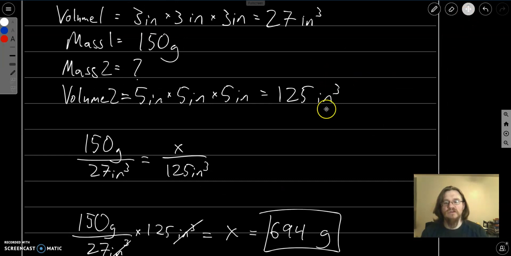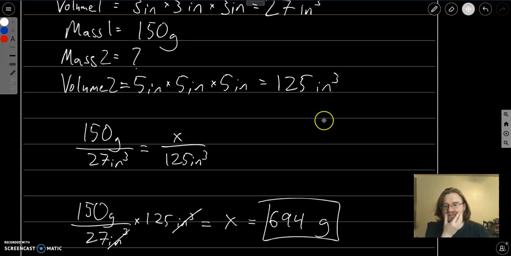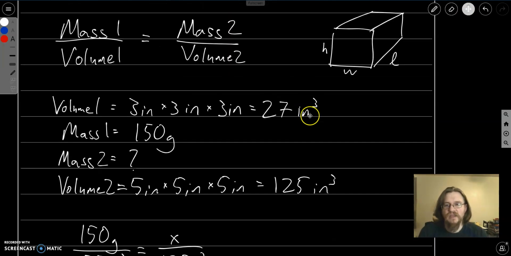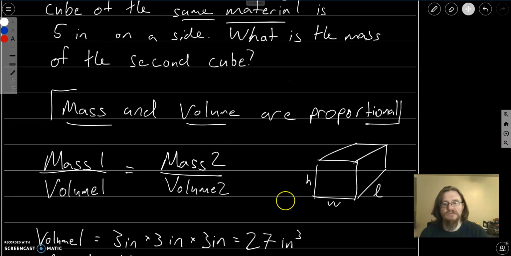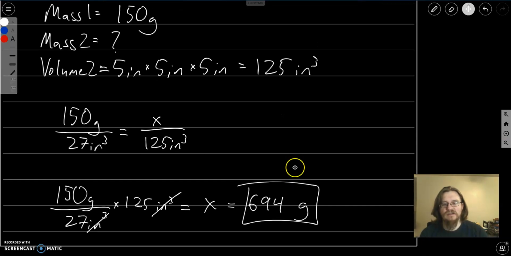So what you'll notice, and this is important, a side length of 3 going up to a side length of 5 almost doubled the side length. 6 would be double 3, so it's not quite doubled. But look at the mass. The mass went from 150 to nearly 700.